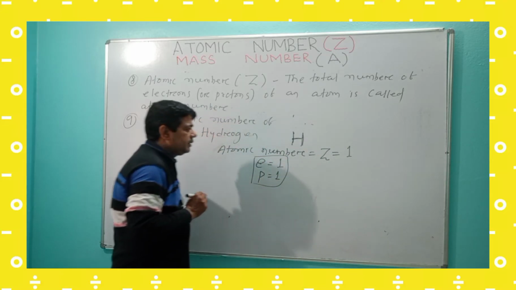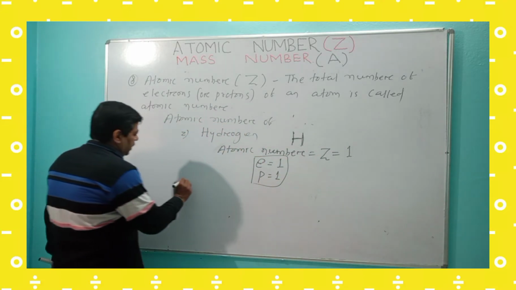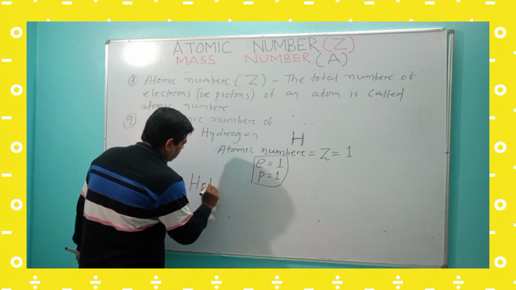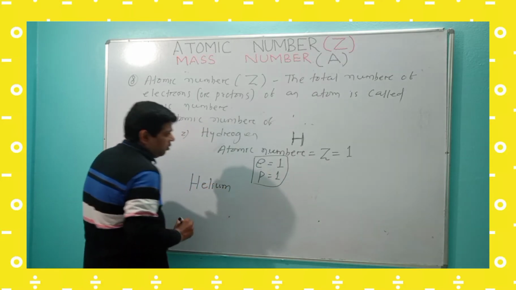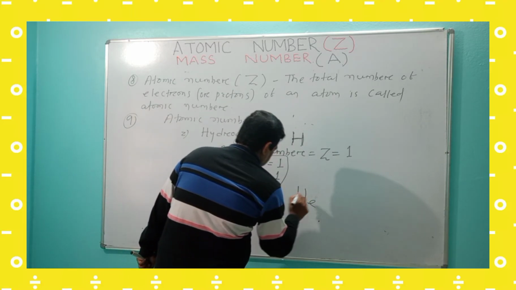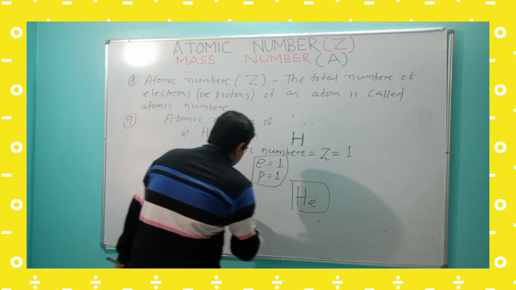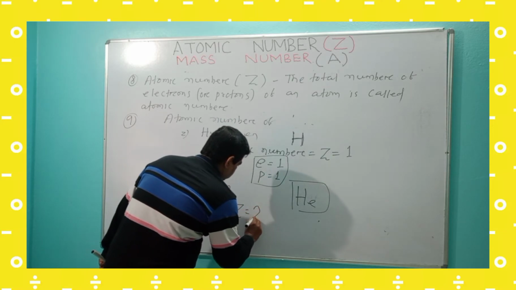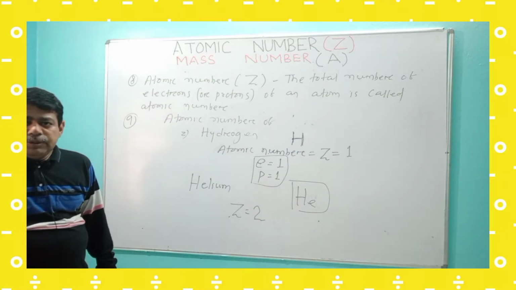Is it clear? Similarly, take helium. The symbol of helium is He, and its atomic number is 2.